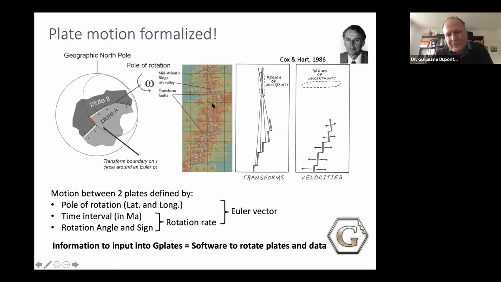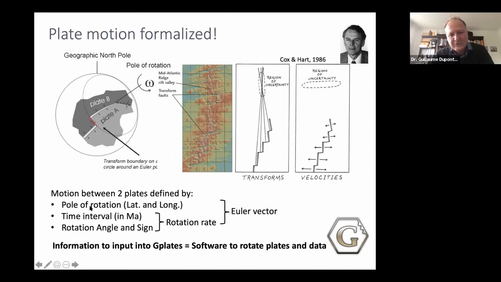So there are small regions where the plates are splitting in a strike-slip direction. And these transform faults can be used to define the pole of rotation, actually. And so based on looking at these features on maps of the ocean bottom, we can define the pole of rotation between two plates.